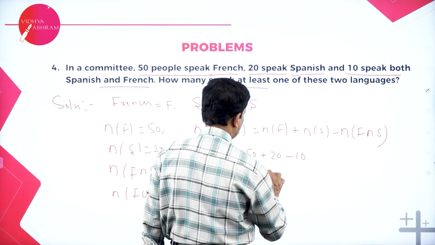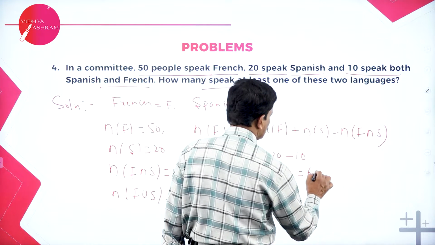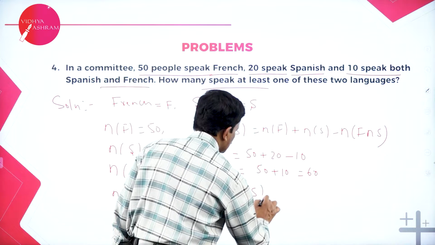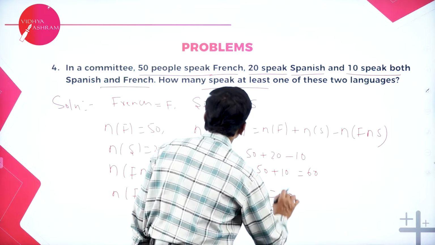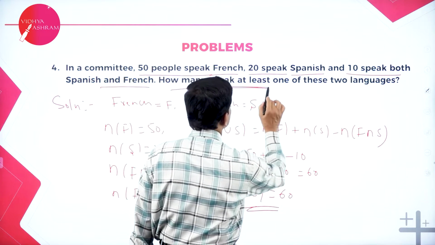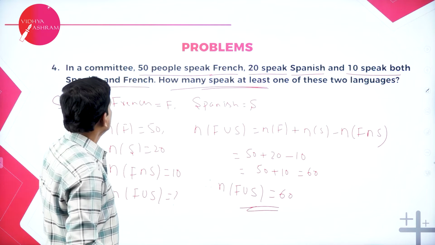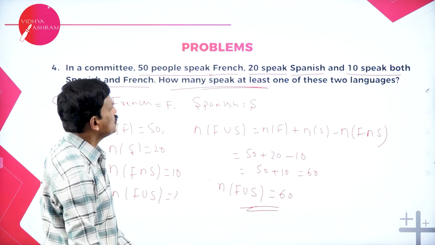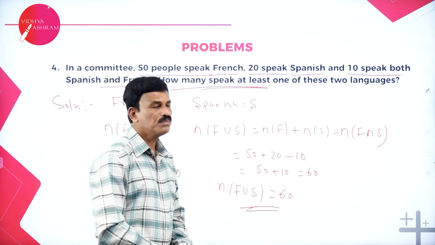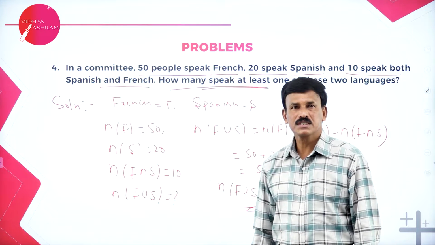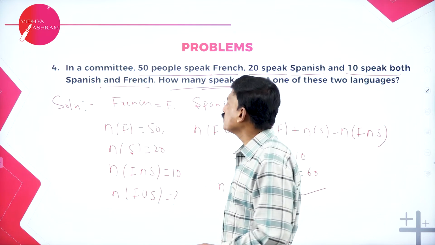So this is 50 plus 10, which is equal to 60. Therefore n(F ∪ S) is equal to 60. That means 60 people speak at least one of these two languages. Hope you followed this.